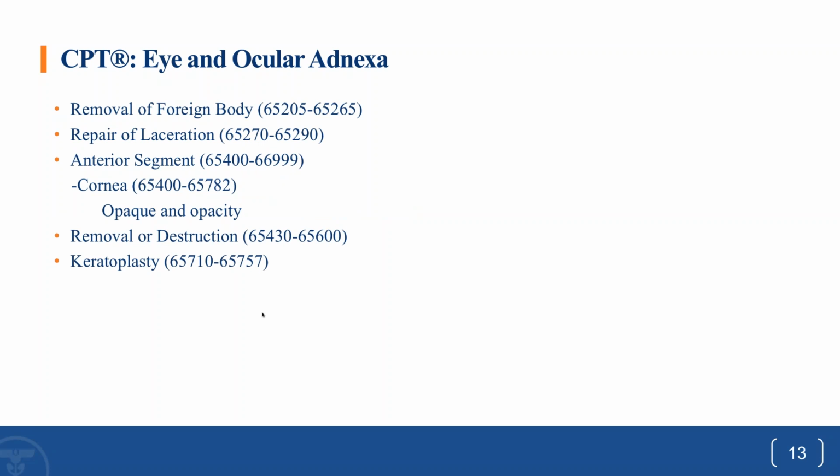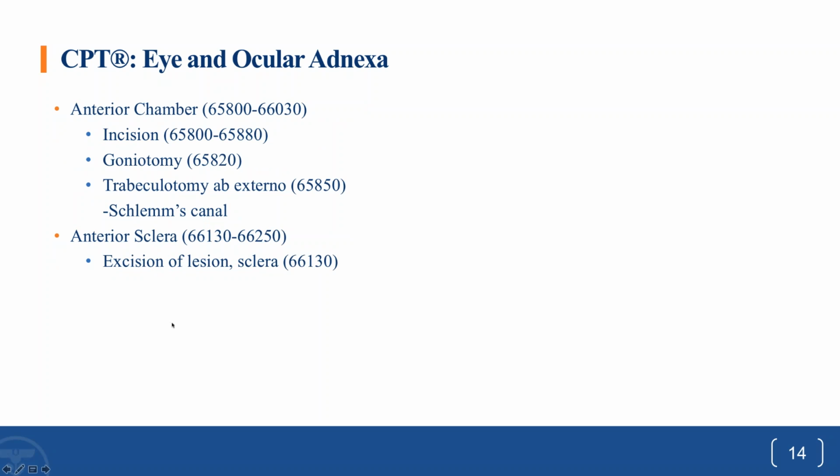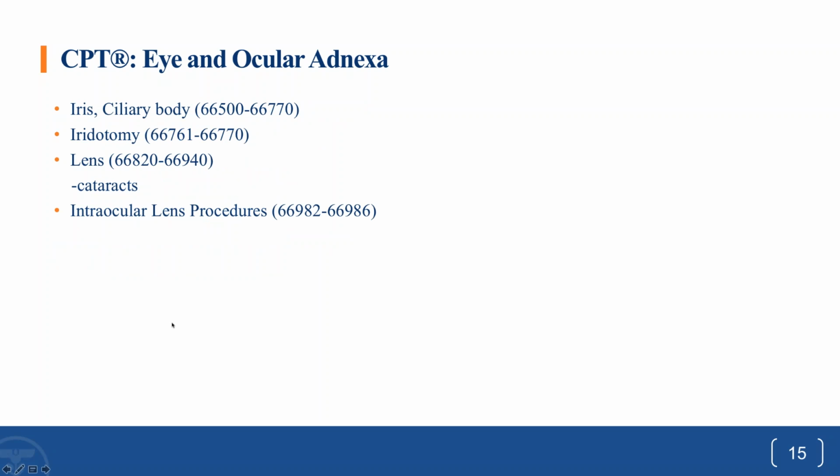CPT code 66982. Okay, that's the intraocular lens procedures. Need you to see how much is involved in this one CPT code, right?